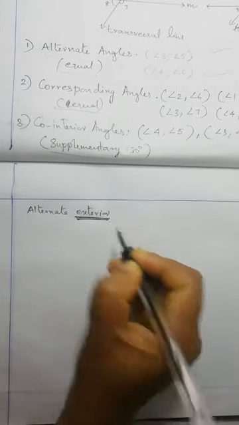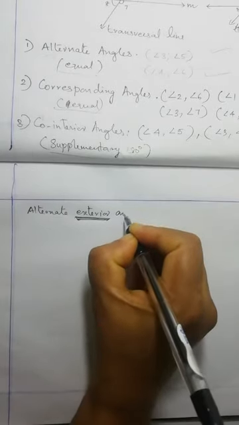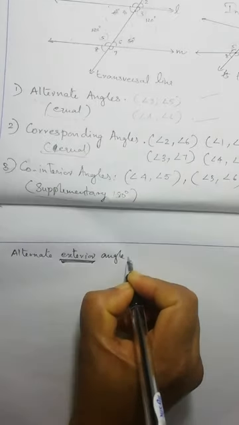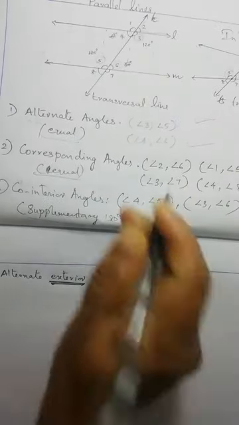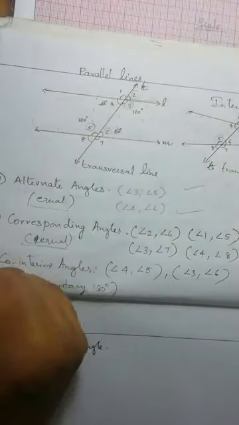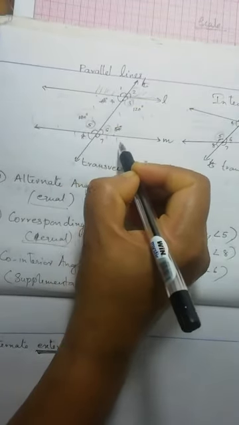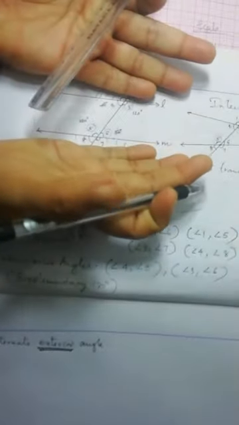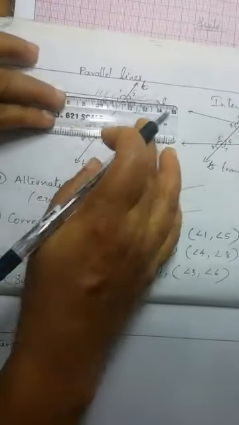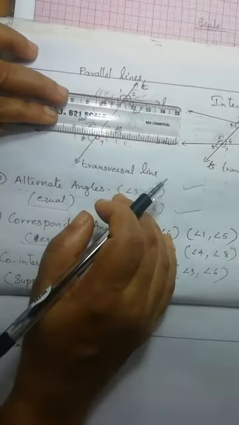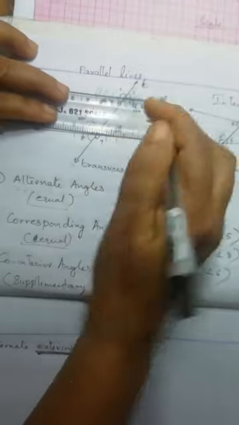They will specify and show the exterior. If alternate exterior angle is written, you have to take the exterior part and the opposite side of the transversal. These are the exterior part of these two lines. These two are the exterior part. These two are the exterior part. And these are the exterior part of the line and on opposite sides of the transversal.